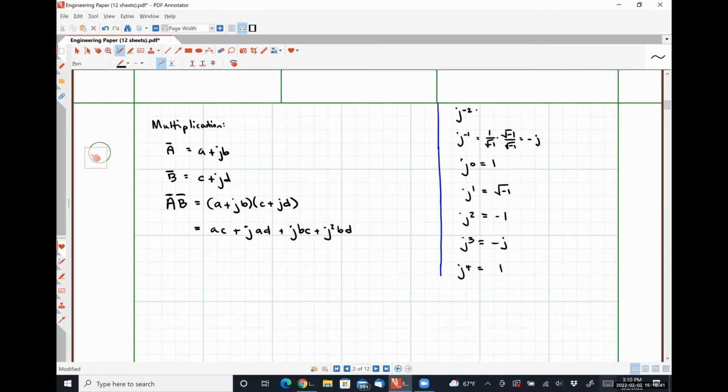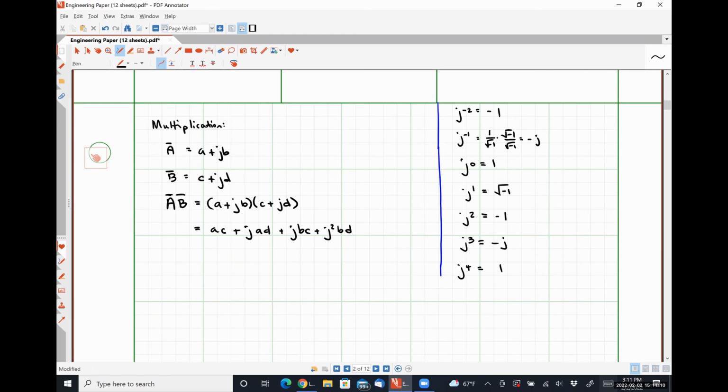J to the -2 is, let's see, -J. Oh, I'm sorry, this should be -1. Yeah, because that's 1 over the square root of -1 times 1 over the square root of -1, which is just 1 over -1 or -1, and so forth.